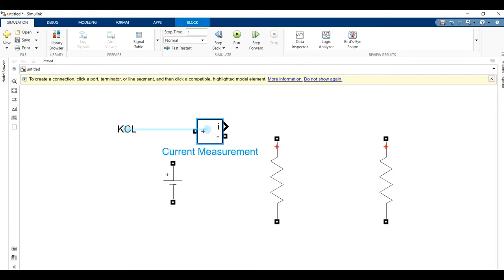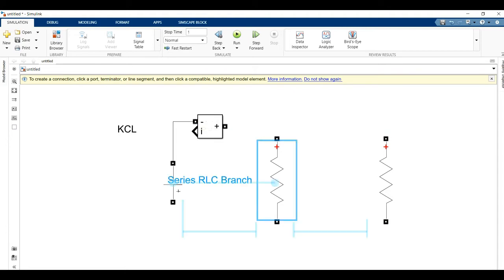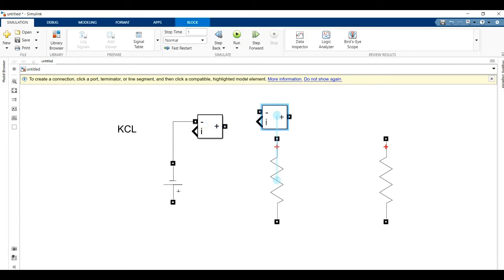Now in order to find the current in the circuit, we need some current measurement. Just add a current measurement to the circuit, first to the DC voltage source, next to the 8 ohm resistance, and another current measurement to the 12 ohm resistance.